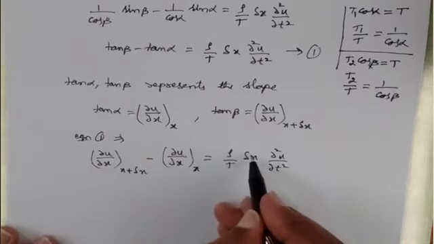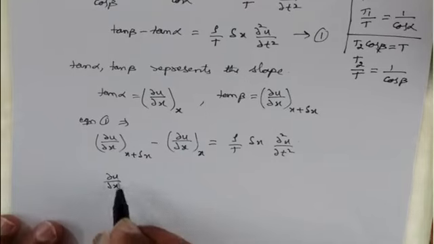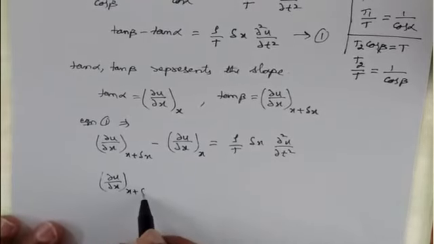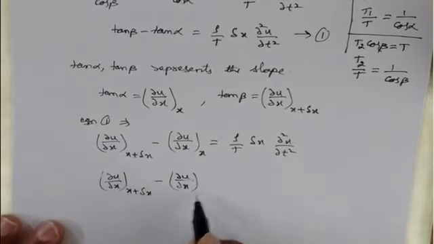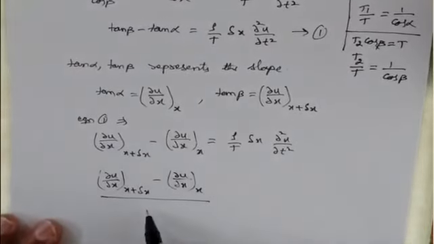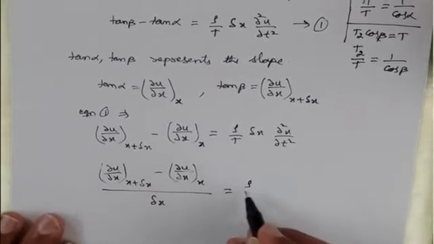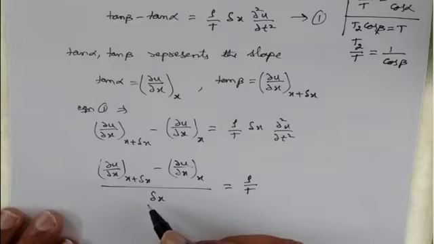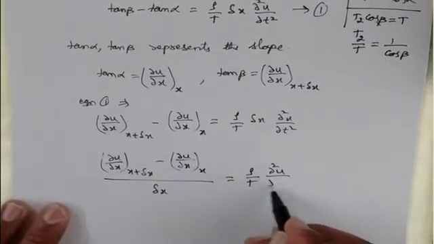If I take this delta x to the other side, you can rewrite this as dou u by dou x at x plus delta x, minus dou u by dou x at x, whole divided by delta x, is equal to rho by t into dou square u by dou t square.